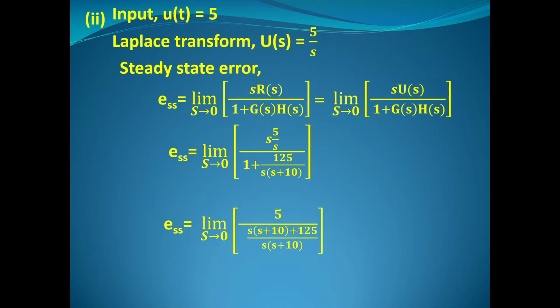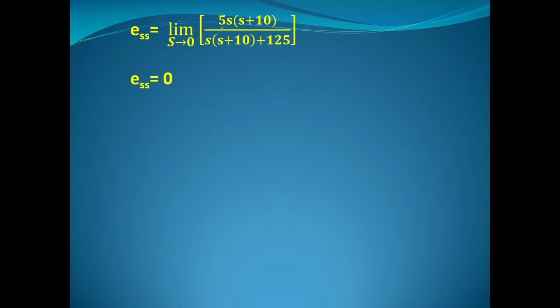Okay, hope you have completed. Now here you just expand it. After expansion, means after multiplication and simplification, you will get Ess is equal to limit s tends to 0, 5s into s plus 10 by s into s plus 10 plus 125. Now substitute the limit.